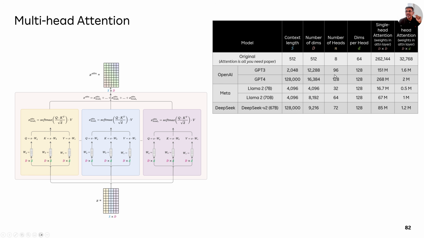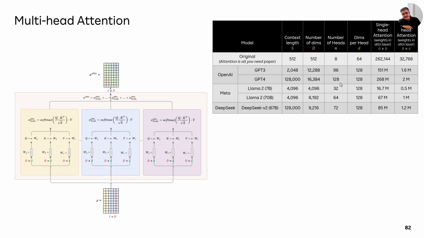And they said they would use 96 heads so that each head will only see about 128. Now we come to GPT-4, which is the most recent version of GPT. They can see simultaneously about 128,000 tokens, and each token has 16,384 dimensions. And they said they're going to have 128 heads, and each head still sees about 128 dimensions per head.